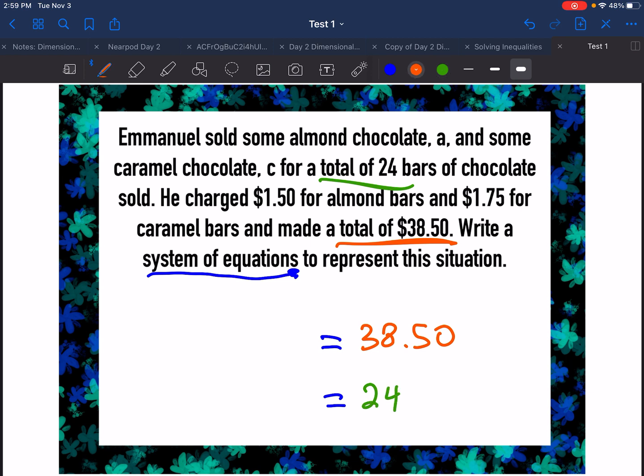Let's work on the orange one. There was your $ sign number, so every number with a $ sign should go in that equation. Okay, let's see.